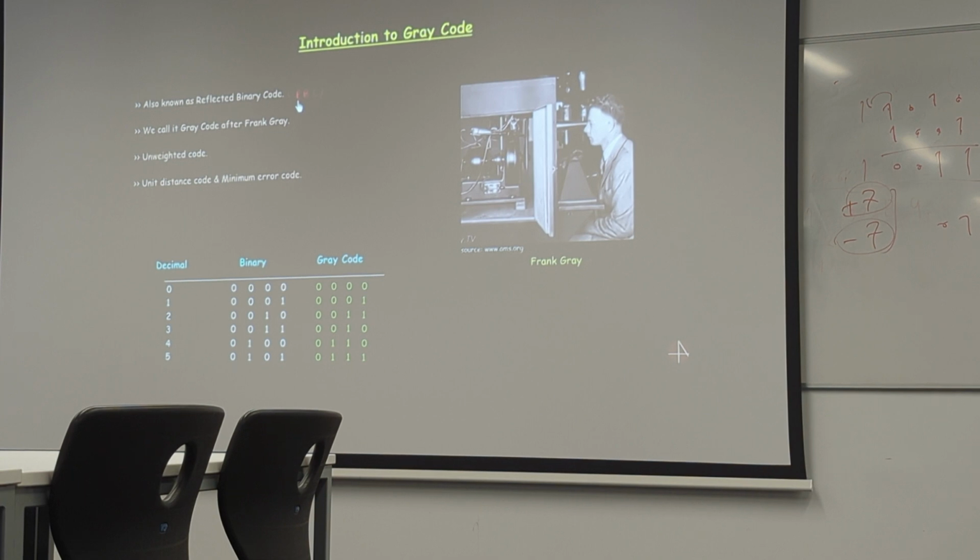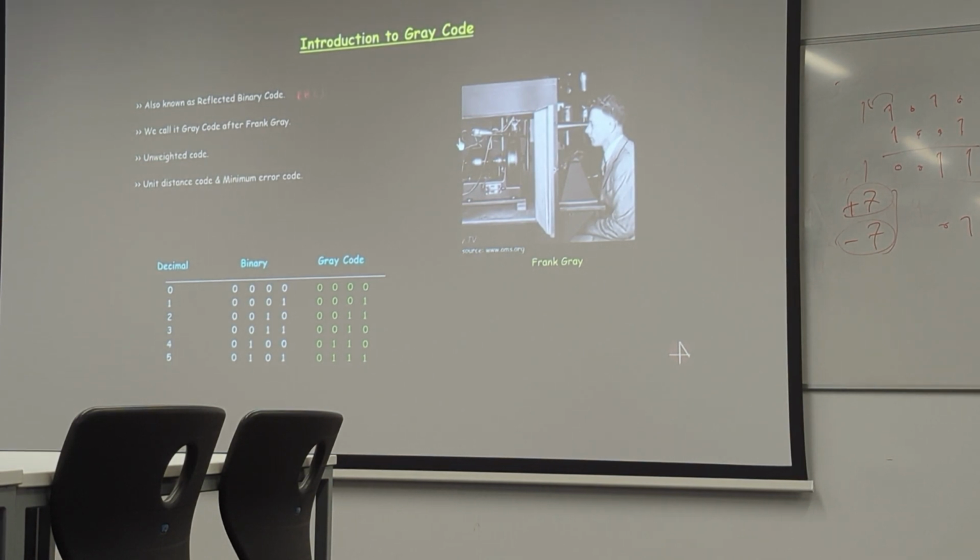And we call it gray code because it was given by Frank Gray. Frank Gray was a physicist and researcher at AT&T Bell Labs who made numerous inventions in television. Gray code is a binary numeral system where two successive values differ in only one bit. This is the most important. Yeah, I told you.